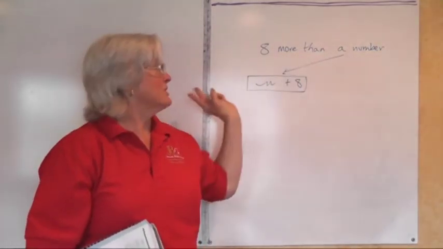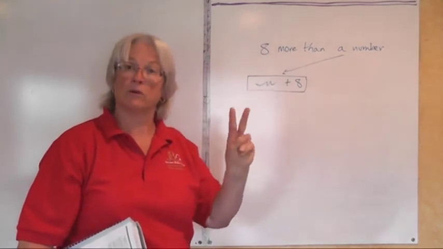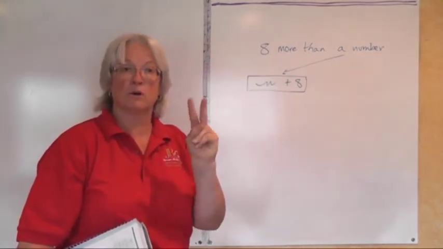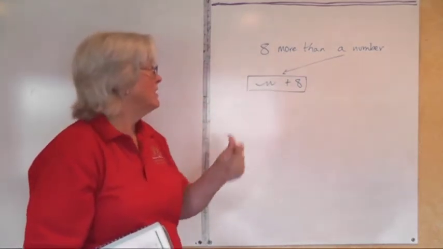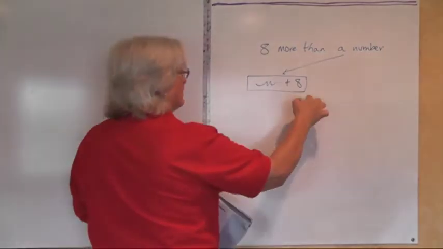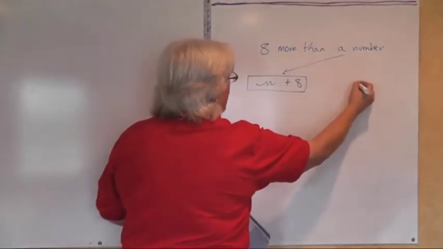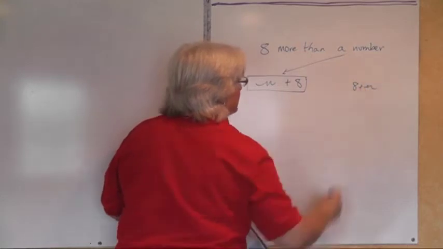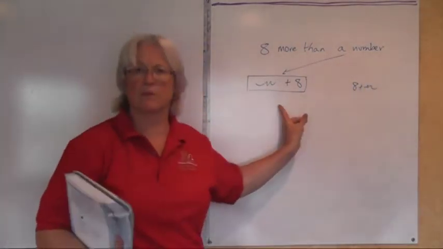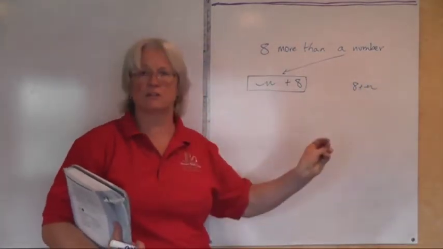Now, I just illustrated to you that order doesn't matter in addition. So addition is commutative. So you could also write this as 8 plus n, because it means the same thing, n plus 8, 8 plus n, you get the same result.